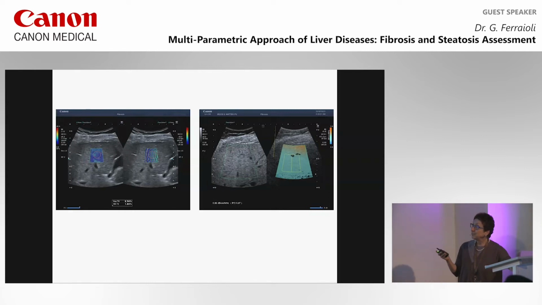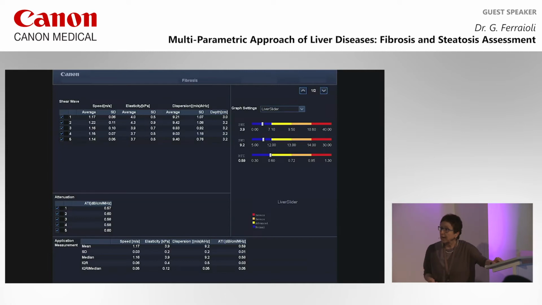What is the advantage? We have to understand the accuracy of this technique, but one of the advantages with respect to CAP is that, having the color map, it is possible to choose the area where to perform measurements, and an area without artifact. It is not possible using the CAP.